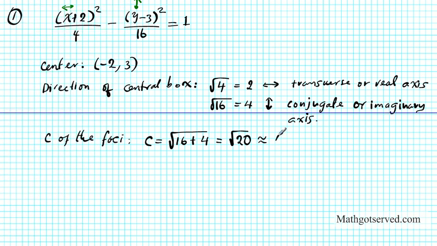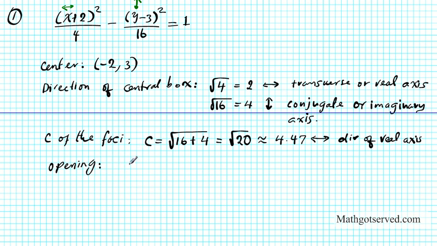C is approximately 4.47. So now what direction does C go? It goes in the direction of what's real, the real axis, so it's going to go side to side, because that's the direction of the real axis. Everything is happening on the real or transverse axis. Now, what is the opening of the hyperbola? Well, it opens in the direction of the real axis because this is imaginary. The y direction is imaginary, so nothing is happening there.